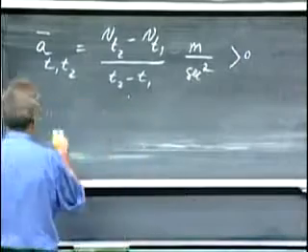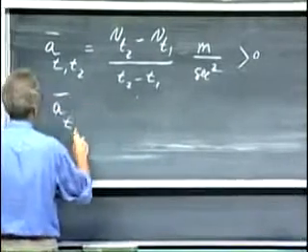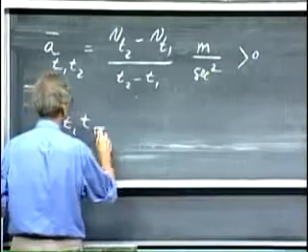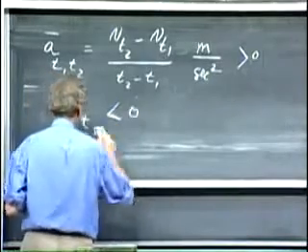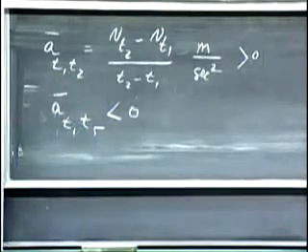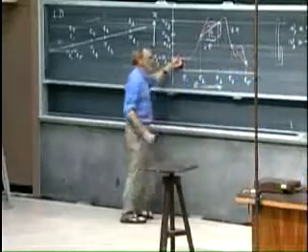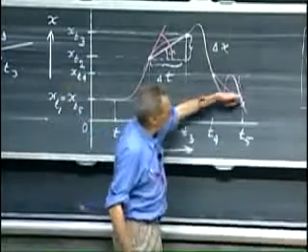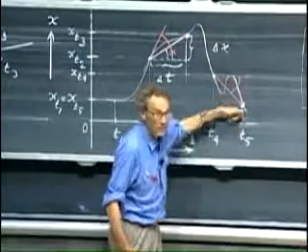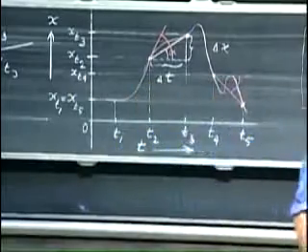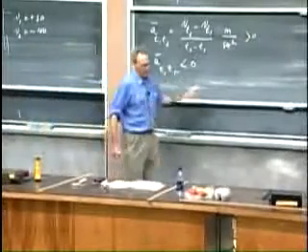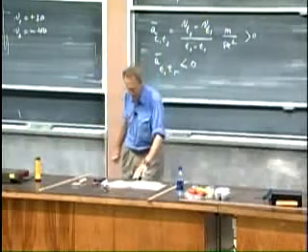However, if you take the average acceleration between t1 and t5, that is smaller than 0. Because here the velocity is 0, but here the velocity is negative. So if you substitute that in there, you get an average acceleration which is smaller than 0.